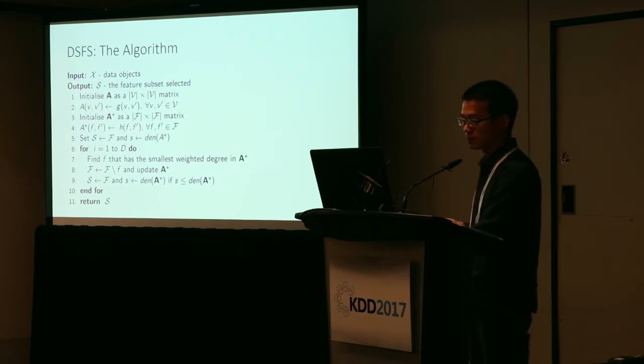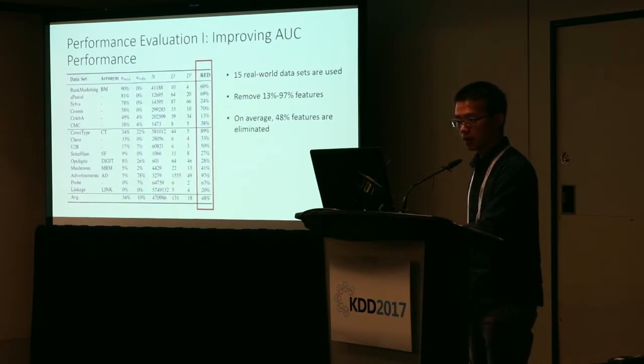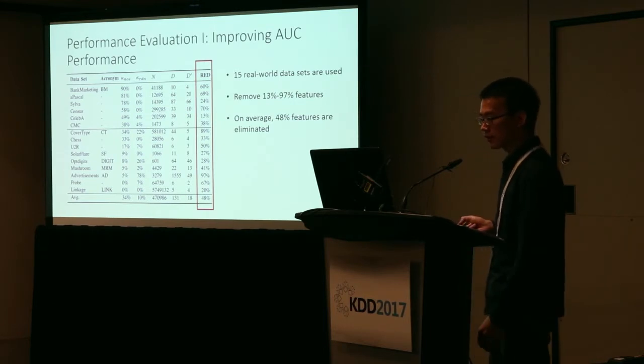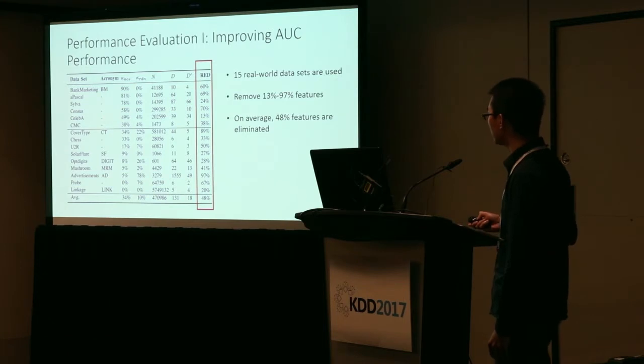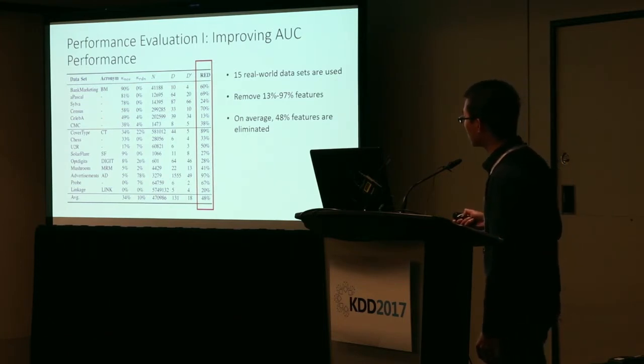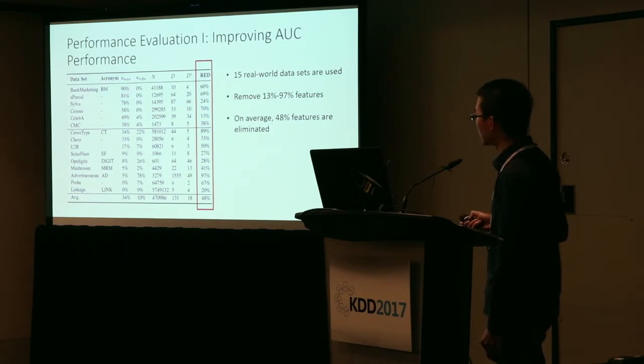This is the evidence for our method. We tested our feature selection method on 50 UCI datasets. These are some data indicators. We calculate how many noise features are in those datasets.